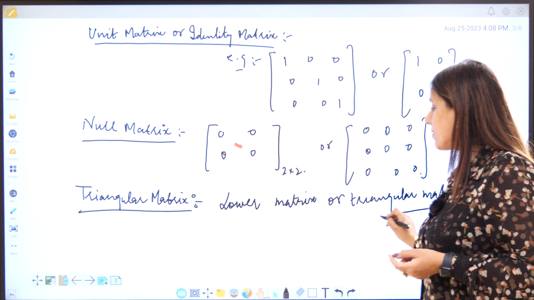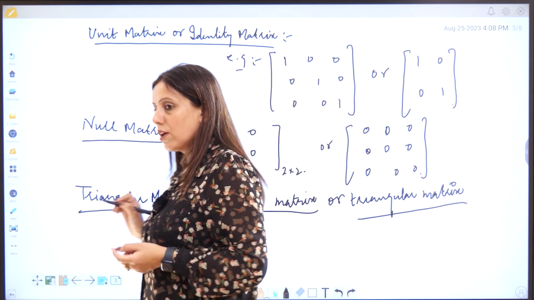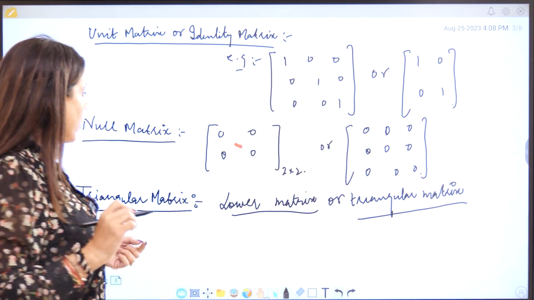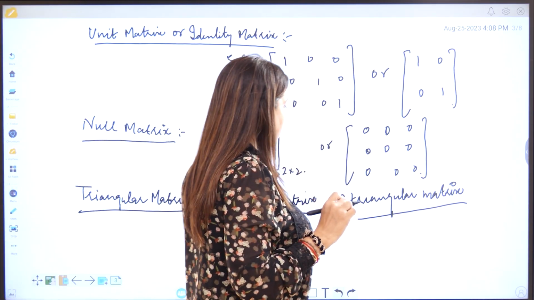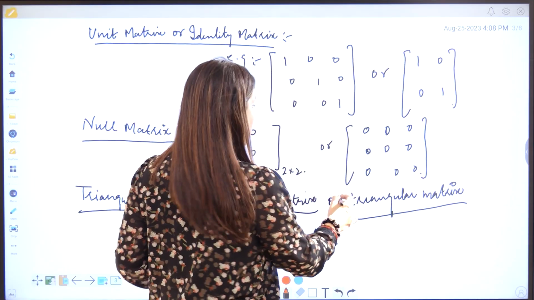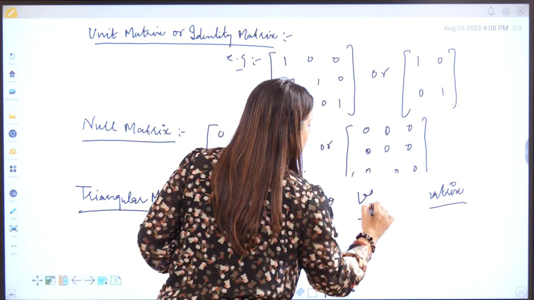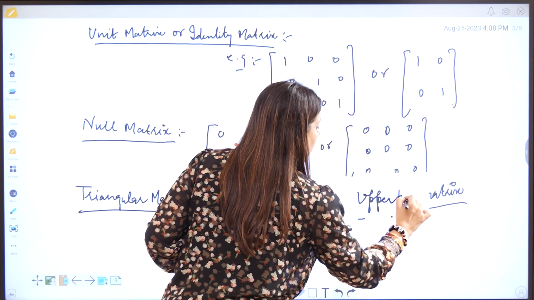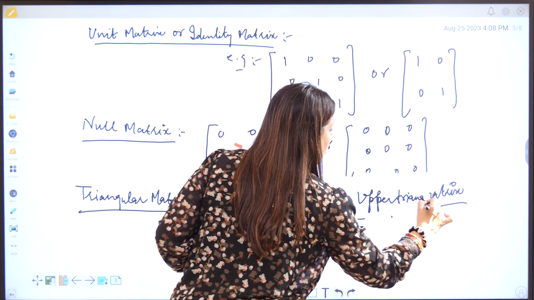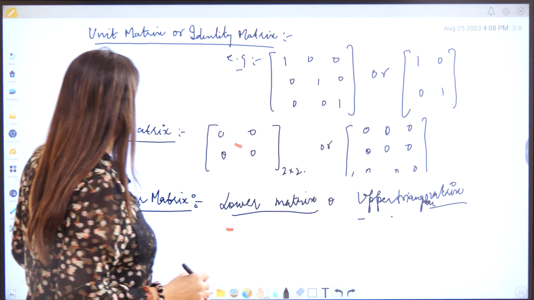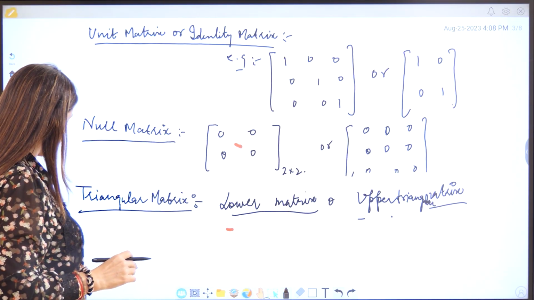Now we will discuss these types separately. In a triangular matrix, there is a lower triangular matrix as well as the upper triangular matrix. First we will discuss the upper triangular matrix.